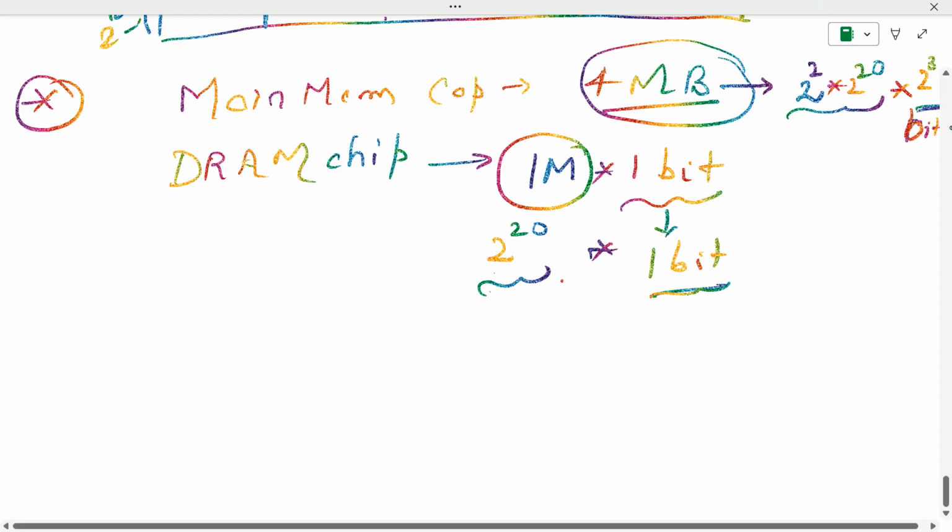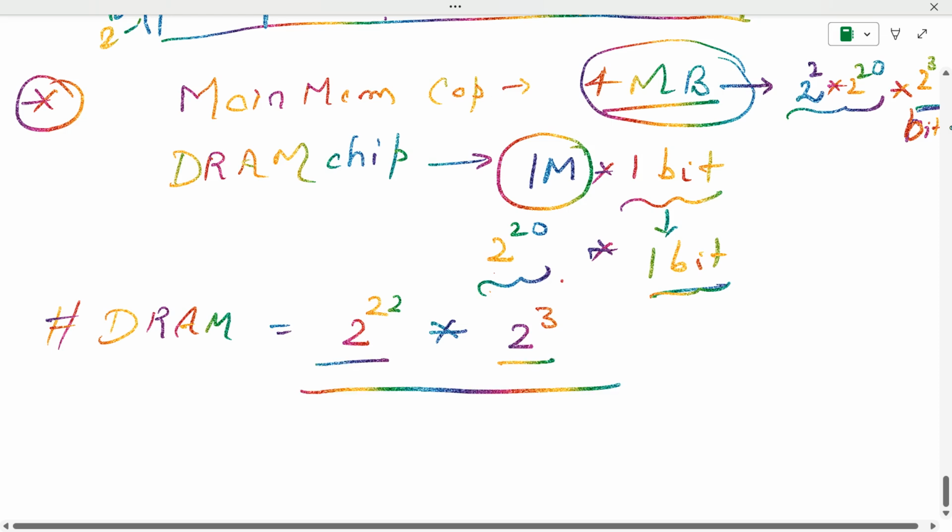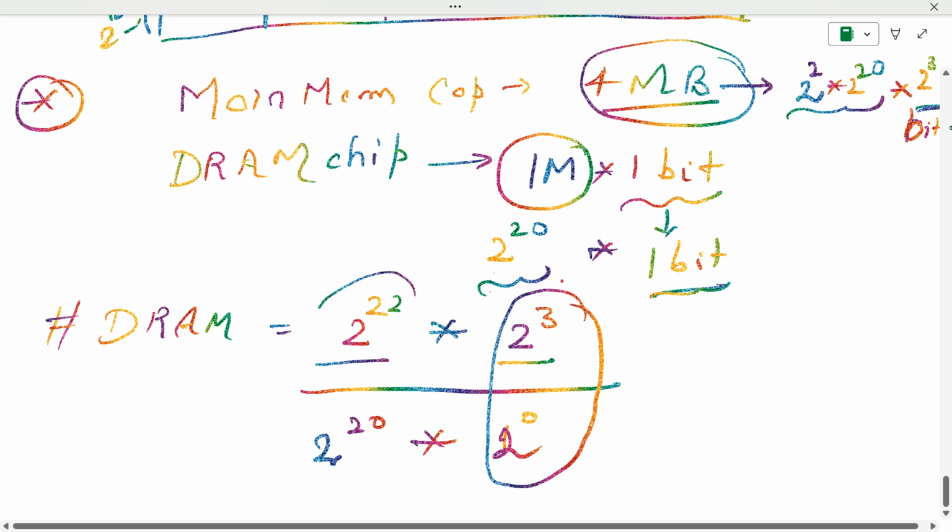So now how many DRAM chips would be required? It is 2 raised to the power 22 rows, with each row holding 2 raised to the power 3 bits of data, divided by how many rows are there in each chip, 2 raised to the power 20 into 1 bit. That is equal to 2 raised to the power 0 for the row factor.